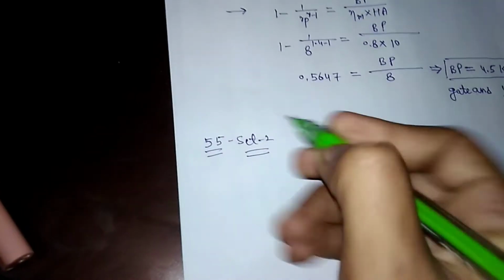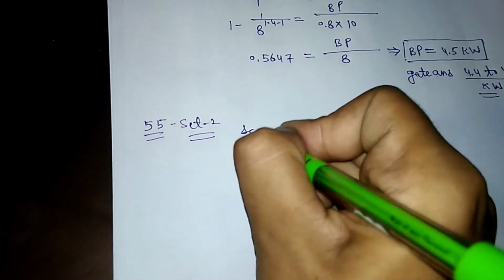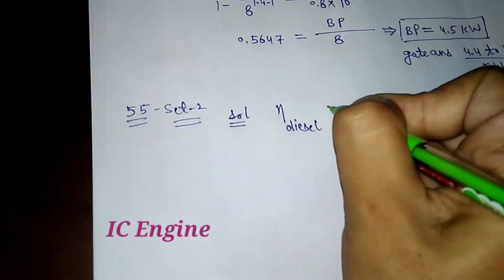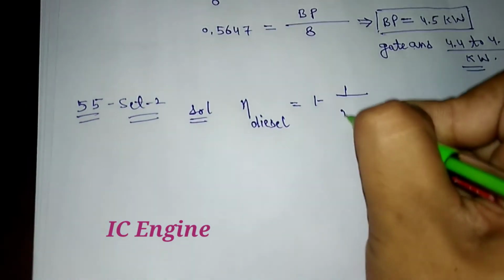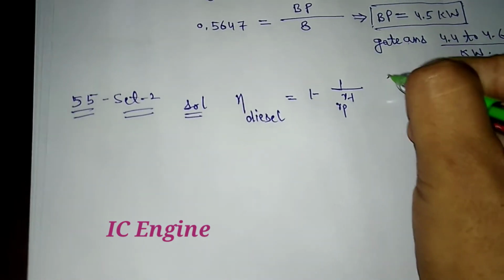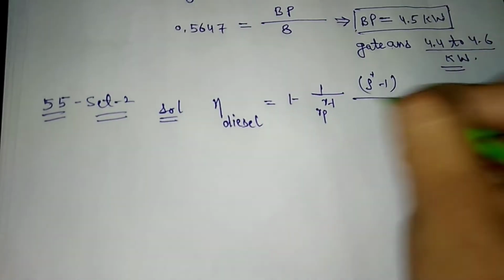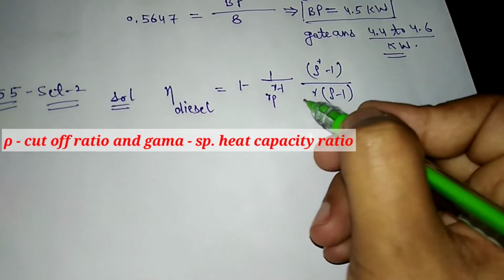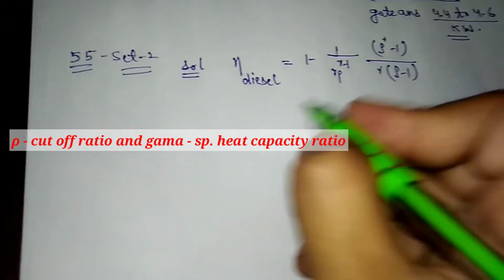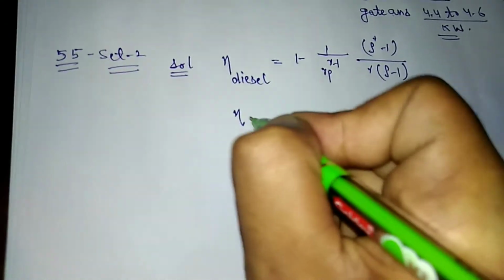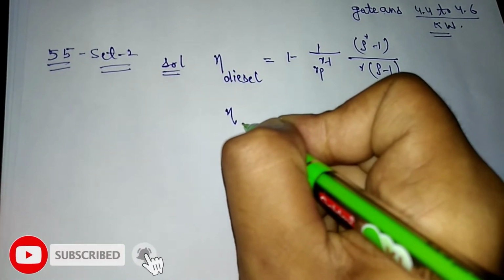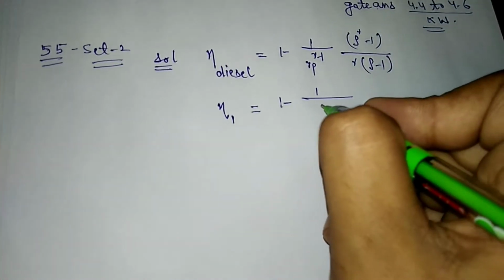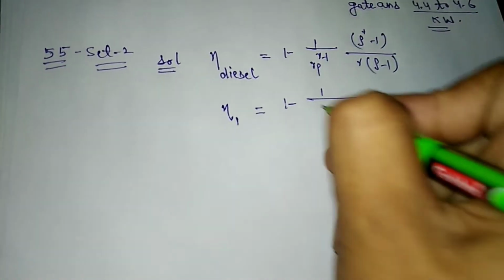As we know, the efficiency of diesel cycle is equal to 1 minus 1 upon rp to the power gamma minus 1, into rho to the power gamma minus 1 upon gamma into rho minus 1. Here rp is compression ratio and rho is cutoff ratio. So eta 1 will be equal to 1 minus 1 upon rp, where rp is 15.